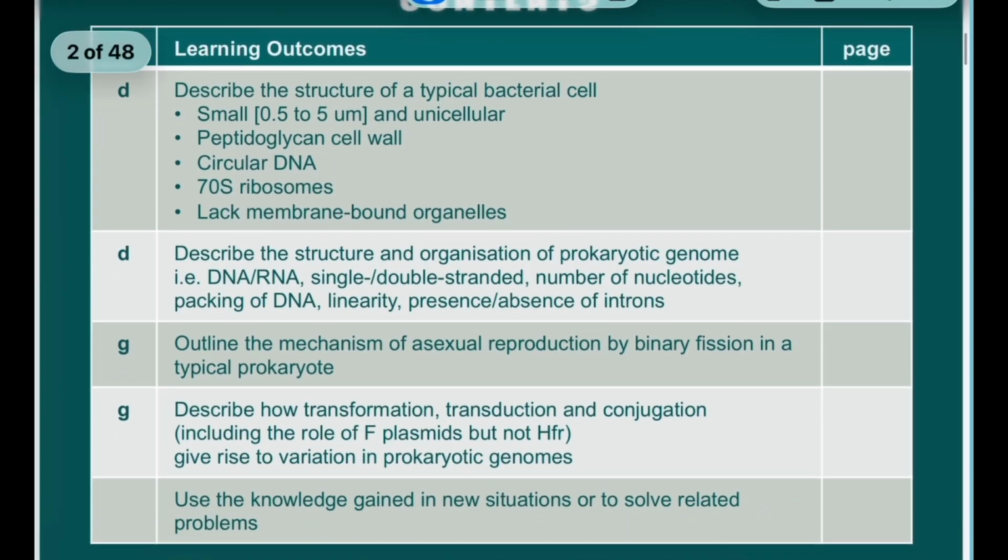Okay, so in this thing here, you only need to describe conjugation and how genetic variation takes place. That means how certain genes are actually transmitted or transferred to another bacteria.